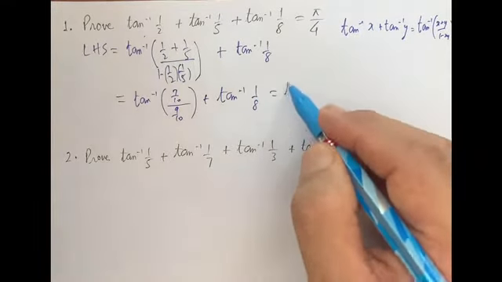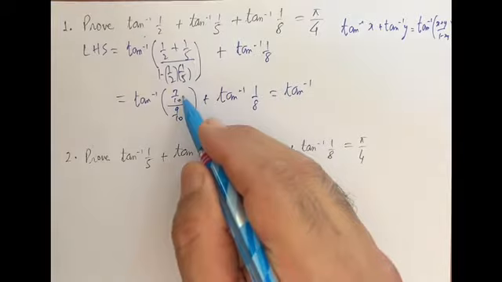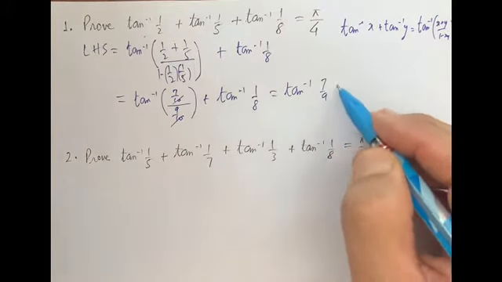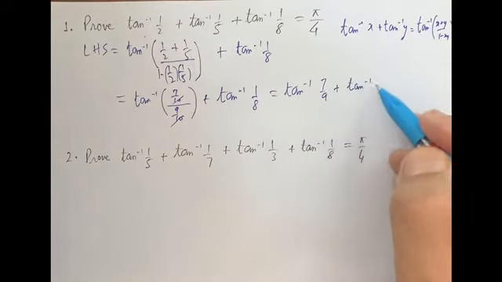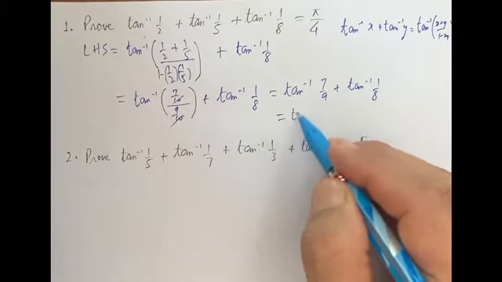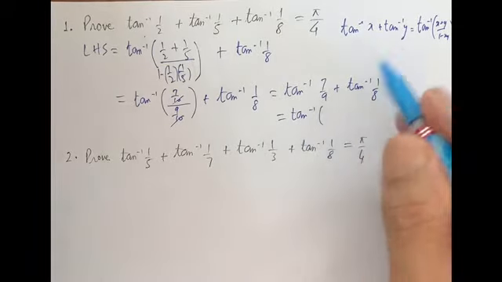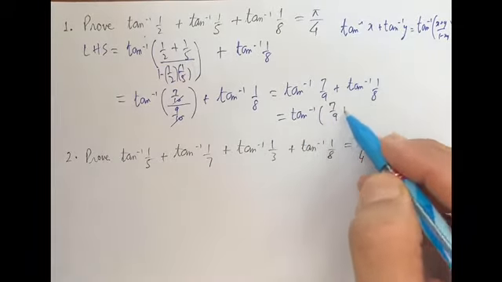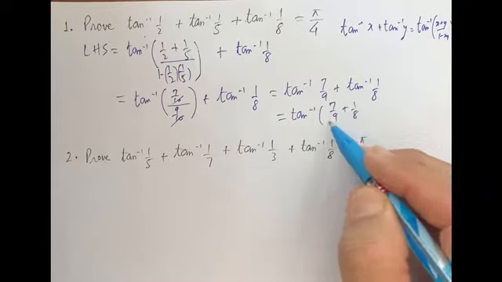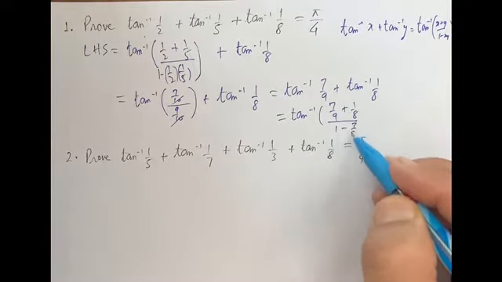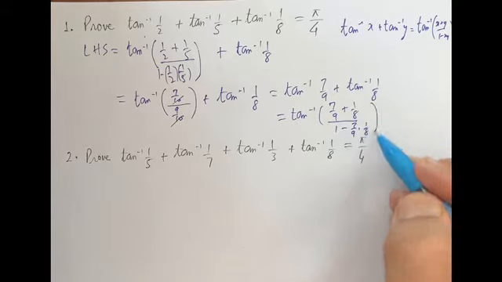This is further tan inverse of, this 10 will cancel out, 7 by 9 plus tan inverse of 1 by 8, which is tan inverse of, again same formula, (7 by 9 plus 1 by 8) upon (1 minus 7 by 9 into 1 by 8).